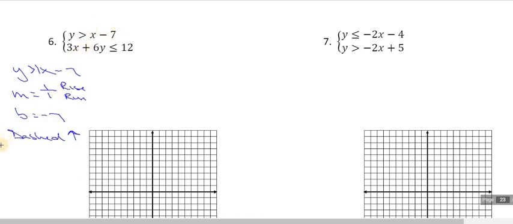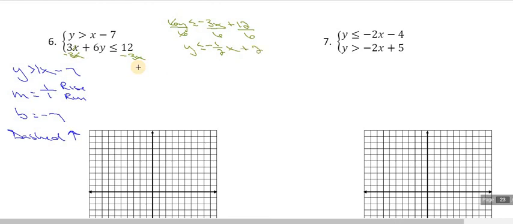If I get my second linear inequality set up, we need to get this in slope-intercept form. So I'm going to start by subtracting 3x from both sides, leaving me with 6y is less than or equal to -3x plus 12. We now need to divide both sides by 6, which gives us y is less than or equal to -1/2 x plus 2.